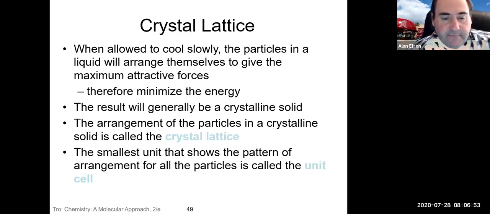And as we talked about at the end, they will try to arrange themselves in such a way that they maximize those attractive forces, the positive and negative sides coming together, while minimizing the repulsion forces, which is where we have positive charges near each other or negative charges near each other.